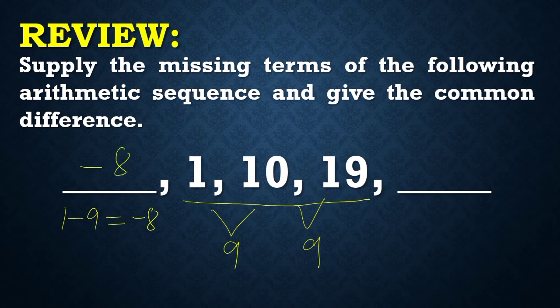Now, sa last term naman natin, since the terms of the arithmetic sequence is increasing, mag-a-add tayo ng 9. Okay, so 19 plus 9, that is 28. So, kapag first term ang nawawala, so we subtract. Kapag naman last term, dito, mag-a-add tayo siyempre. Kasi working forward tayo. Dito naman sa negative 8, working backwards.